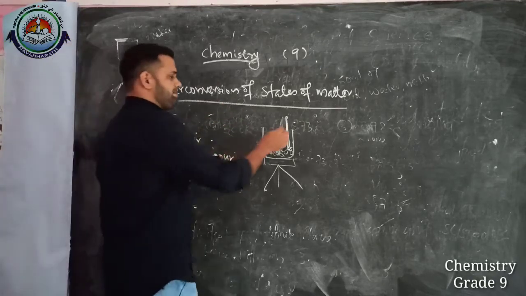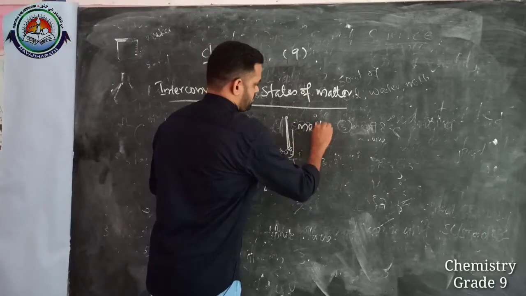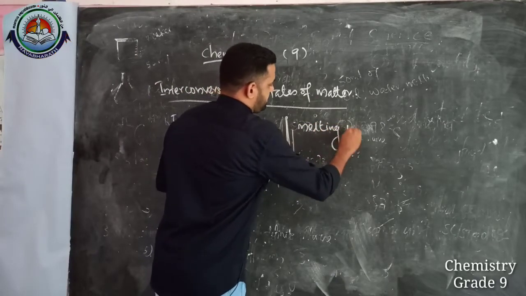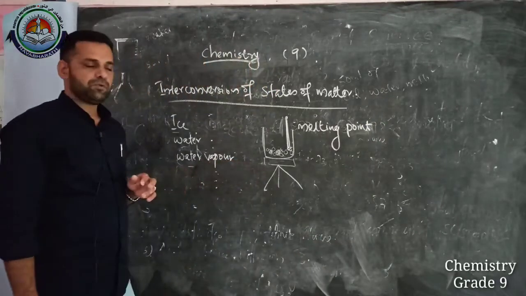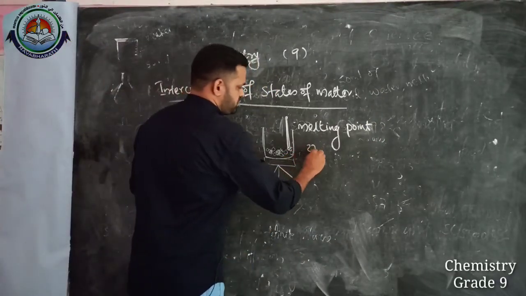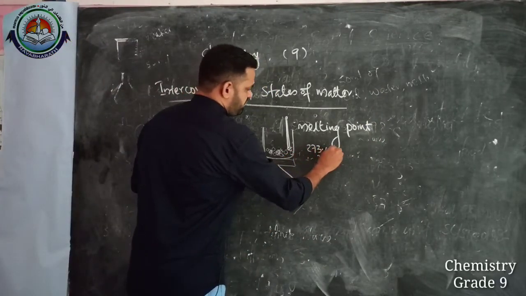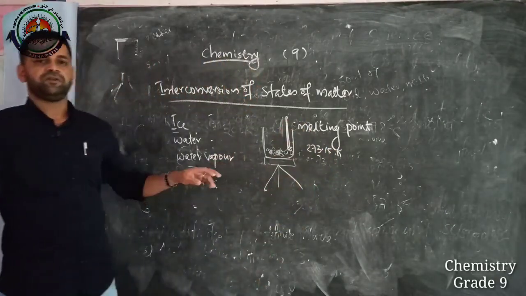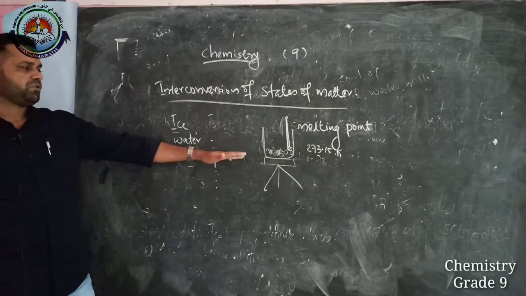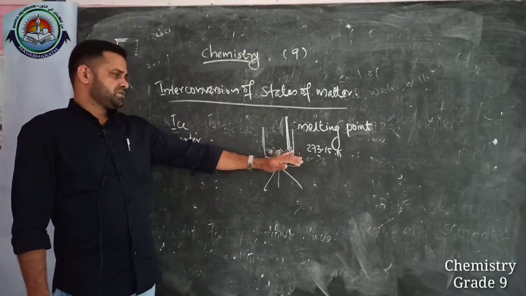That is called the melting point. And the melting point of ice is found to be 273.15 Kelvin, or 273 Kelvin. 273 Kelvin is the melting point of ice.